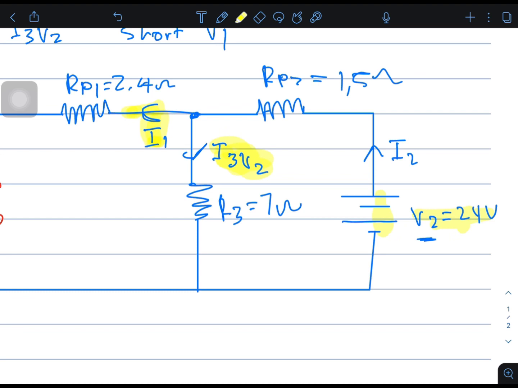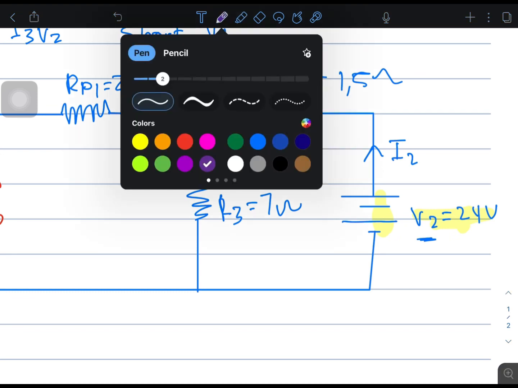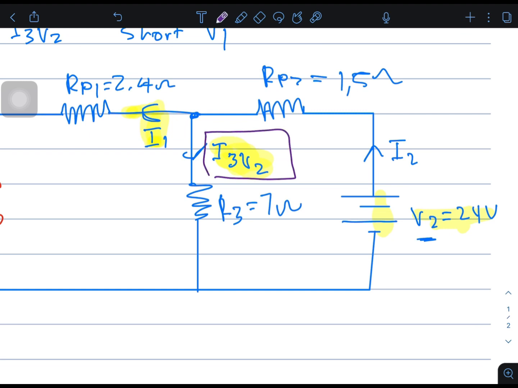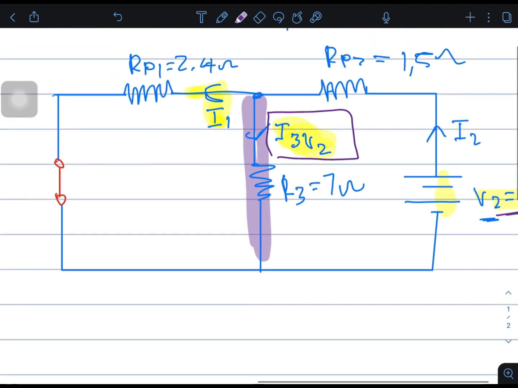So the main thing we want to find is I3 V2. How much current is this source contributing to this branch? That is the definition of superposition.